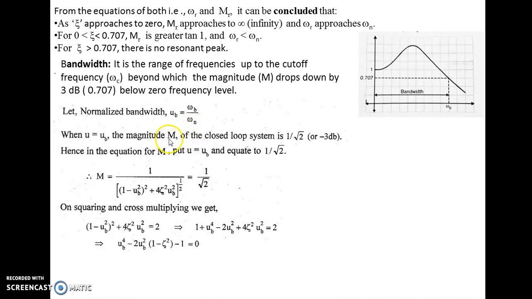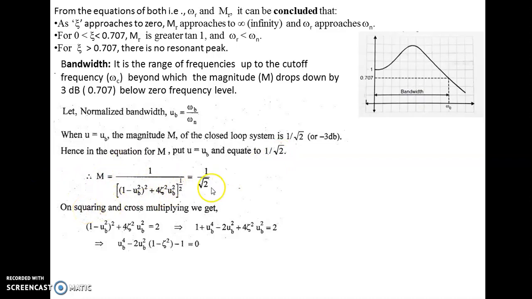Already we know the magnitude, and that magnitude is equal to minus 3 dB, that is nothing but 1 over square root 2. So in the magnitude expression, substitute ub in place of u and equate to 1 over square root 2.